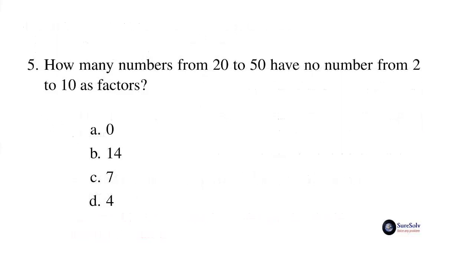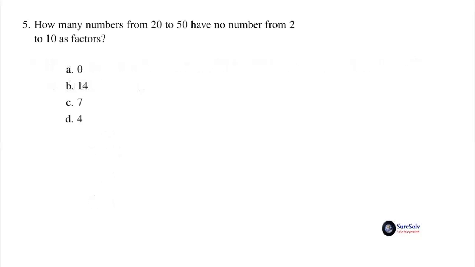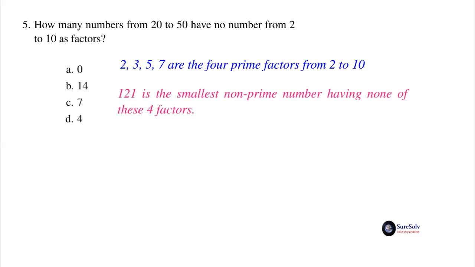How many numbers from 20 to 50 have no number from 2 to 10 as factors? The single digit numbers 2, 3, 5 and 7 are the only 4 prime factors in the set of numbers from 2 to 10. The smallest non-prime number having none of these 4 factors is 11 square, that is 121.